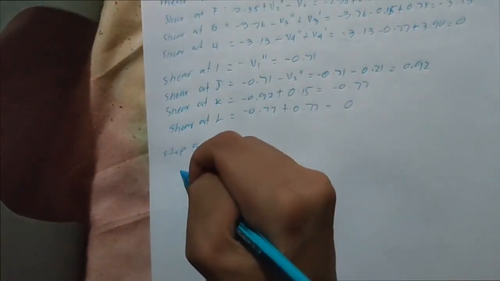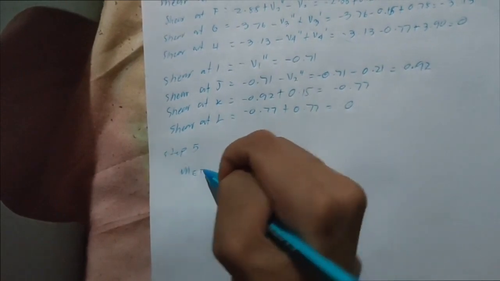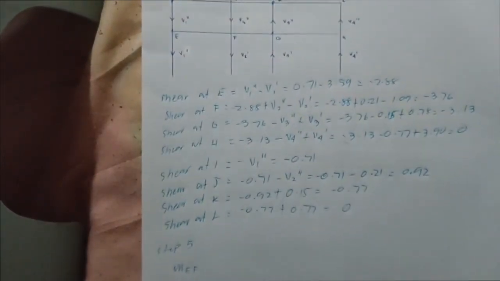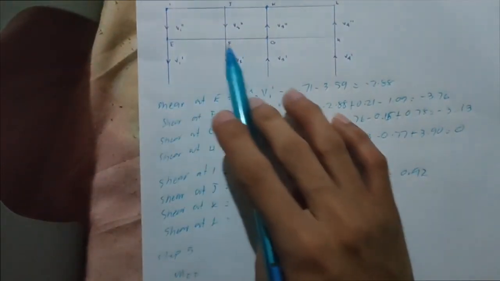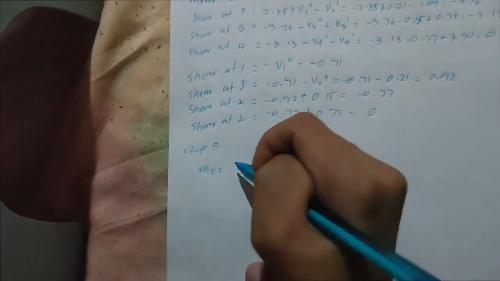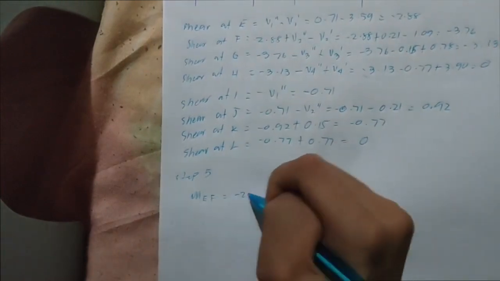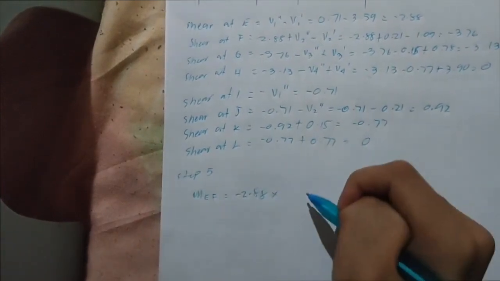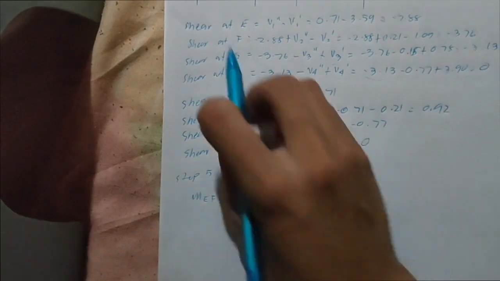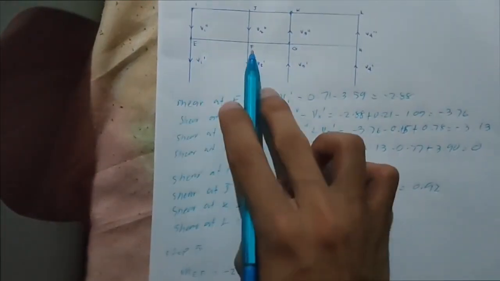So the moment at EF: in order to get it, we input the answer we got, which is negative 2.88, times half of the span of EF, which is 20 meters.